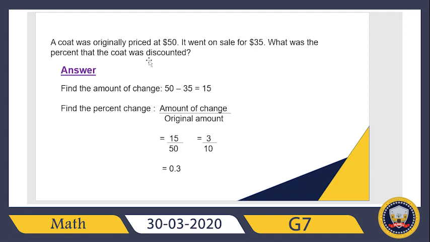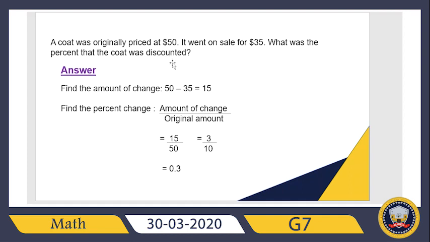He asked about the percent of discount or decrease, because it becomes less in value. It was $50, now it becomes $35. So he asks about the percentage of decrease or the discounted rate.